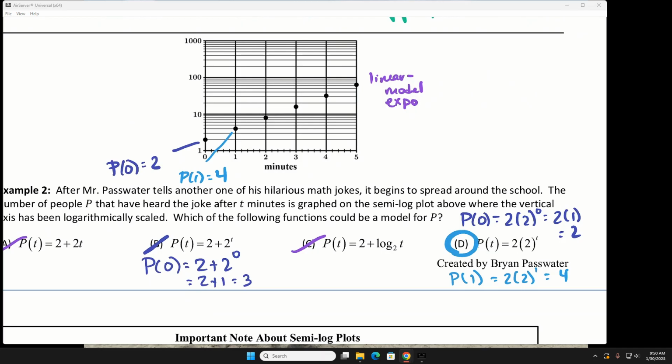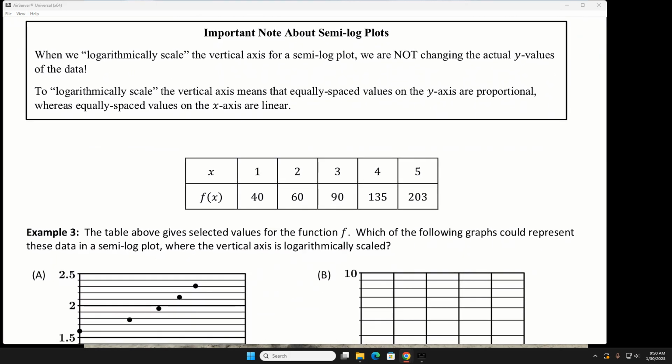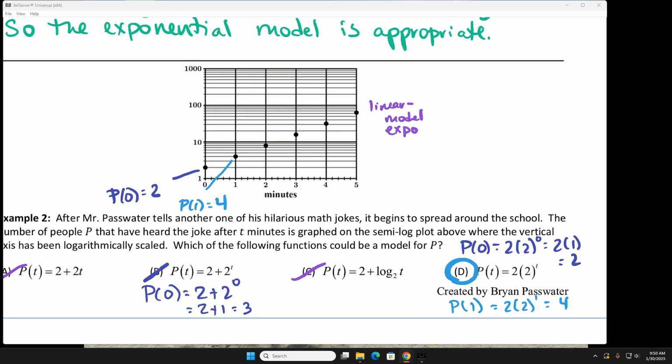Okay, the next couple of examples are mainly just being able to pick out the ordered pairs or graph the ordered pairs on the semi-log plot. So just to let you know, an important note is that whenever you logarithmically scale the vertical axis, you're not changing the values. So like the value of the function, if it was 2 here, it's also 2 here.